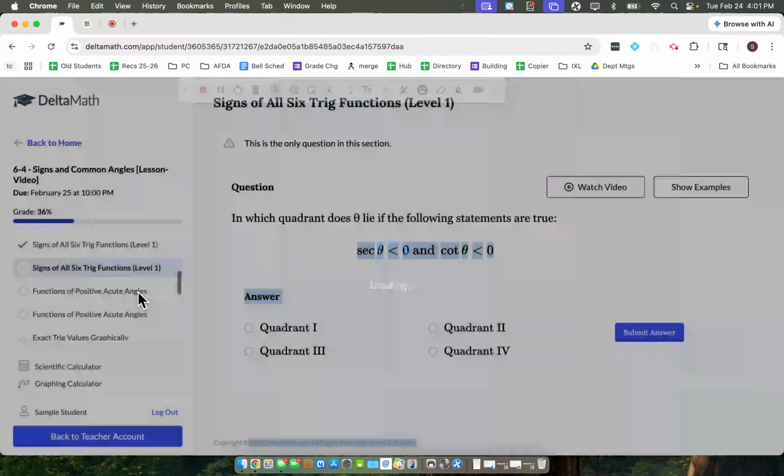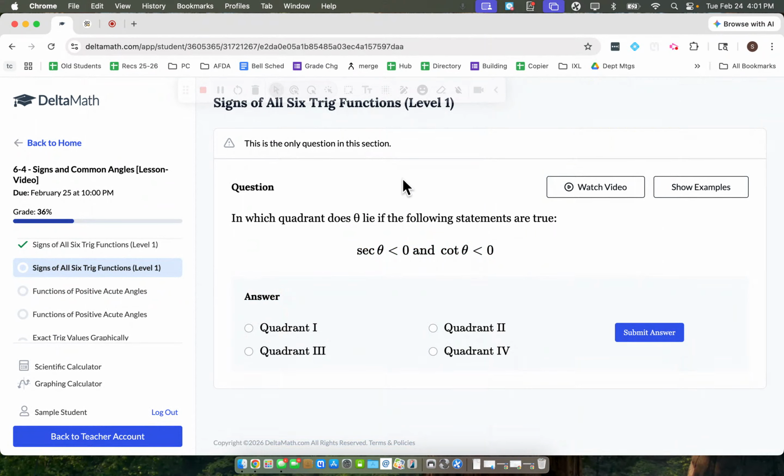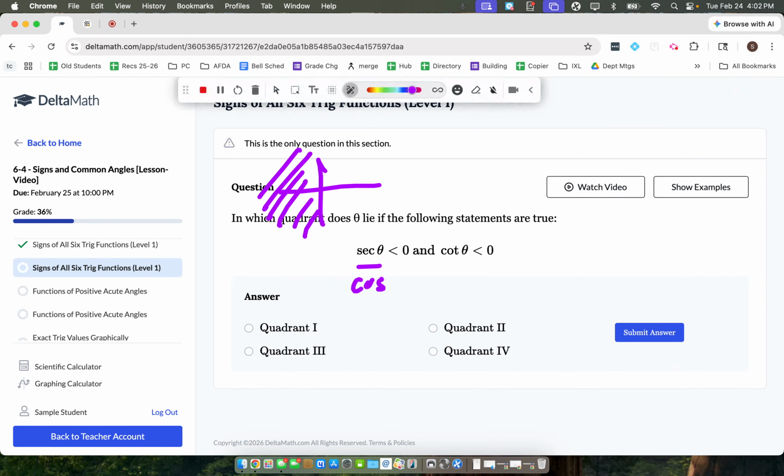Okay. I'm going to do this one a little quicker. Secant is negative. Secant is related to cosine. Cosine is negative here. Okay. Cotan is that combination.